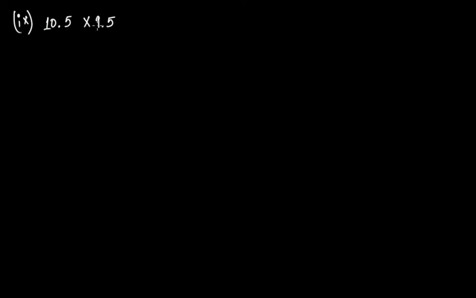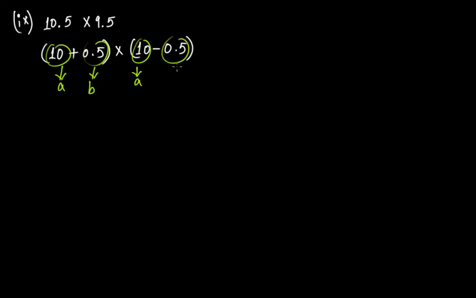Again, this is 10.5 multiplied by 9.5. Write this as (10 plus 0.5) multiplied by (10 minus 0.5). This is of the form (a plus b) multiplied by (a minus b), right? So this should be equal to a squared minus b squared, standard identity number 3.